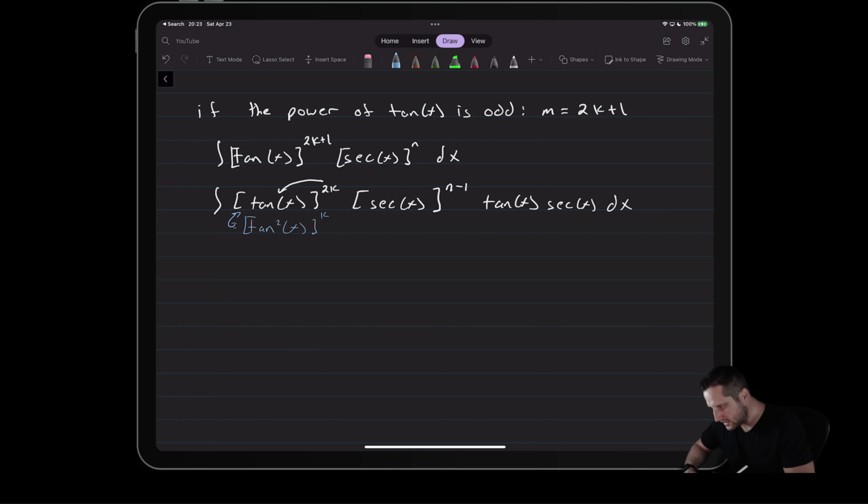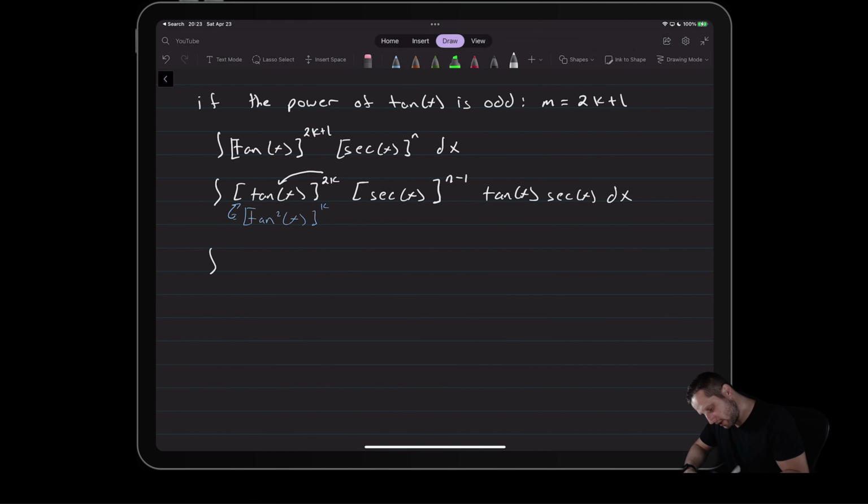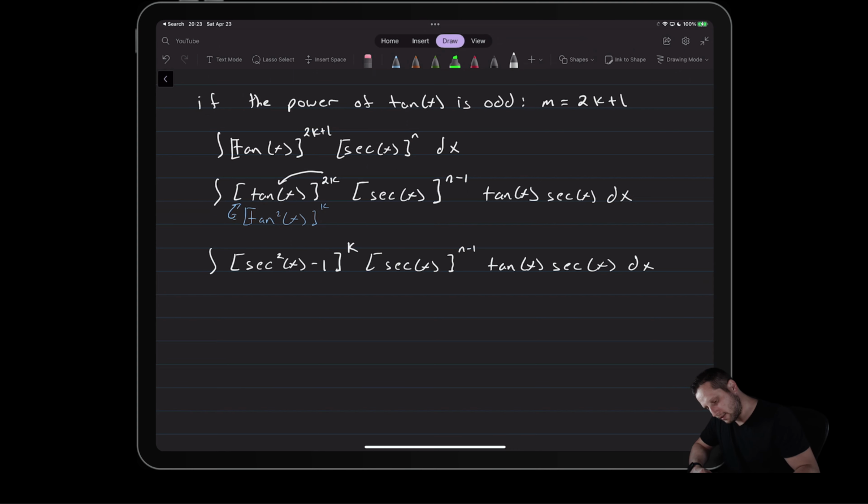So I'm going to replace that with secant squared x minus 1. So this is going to turn into secant squared x minus 1 to the k power times secant of x to the n minus 1 tangent x secant x dx.